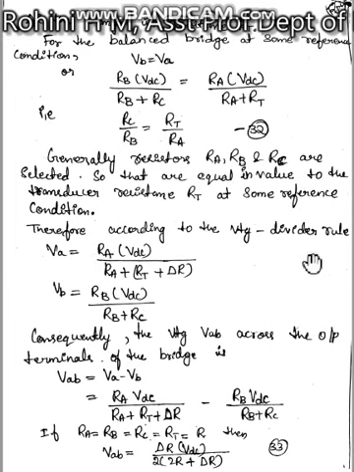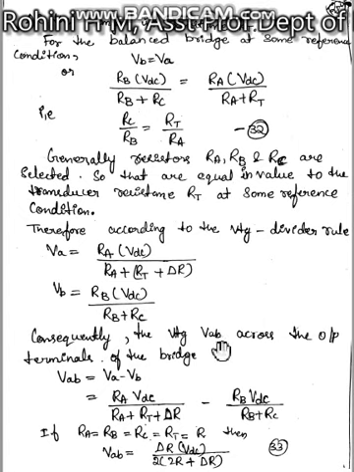Therefore, according to the voltage divider rule, VA is RA into VDC divided by RA plus, instead of RT, due to the temperature there is a change in resistance, so we will write it as RT plus delta R. Similarly for VB, VB is equal to RB into VDC divided by RB plus RC. The same equation we are retaining here.